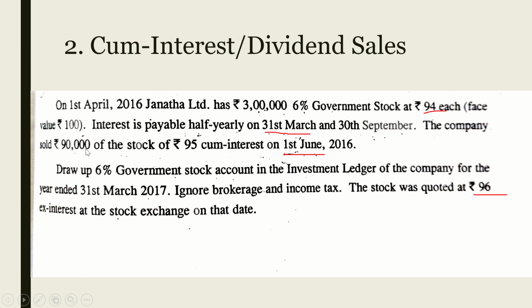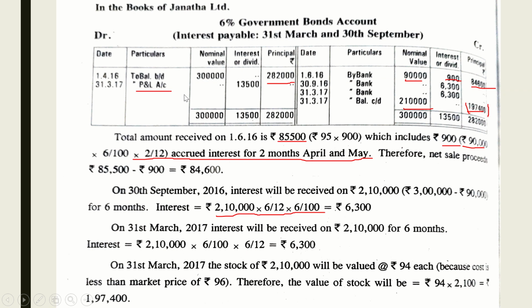That means 900 debentures were sold at 95 each, and 900 debentures were purchased at 94. But since this is the case of cum interest, it is automatically adjusted over there. So I hope you are clear about the adjustment related to cum interest sales and cum interest purchase.